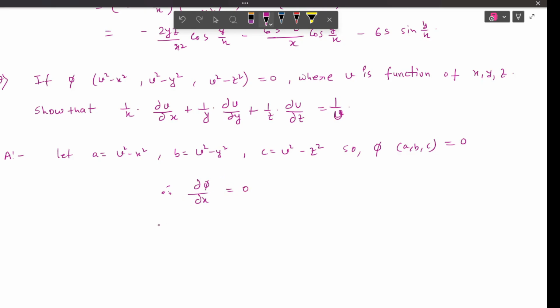Let's differentiate by the chain rule, because here φ is a function of a, b, c, and a, b, c are functions of x, y, z and v.